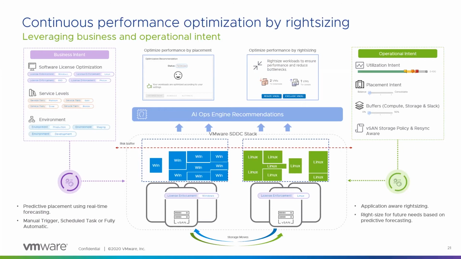But vRealize Operations, being a VMware product, gets the benefit of leveraging these metrics directly using our patented VMware Tools technology, which means we are able to bypass certain metrics through VMware Tools right into vRealize Operations, which give us the context of what's happening inside the application without you having to deploy any agents or pass any credentials and so on and so forth. So that's where we do application aware right sizing.